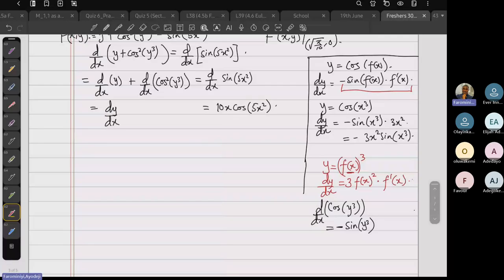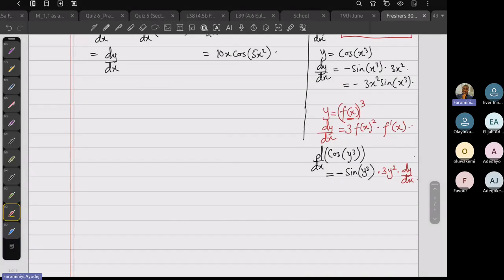So when we differentiate y cubed, we get 3y squared times dy/dx. So that is the differentiation of cos y cubed, combining two functions, cosine and y cubed: negative sine y cubed times 3y squared dy/dx.